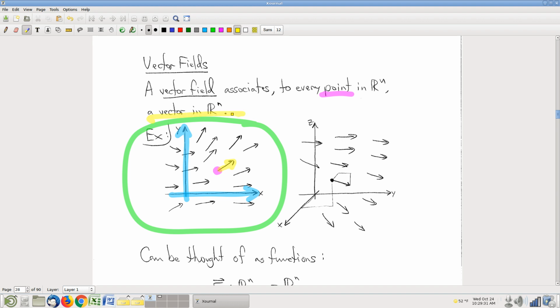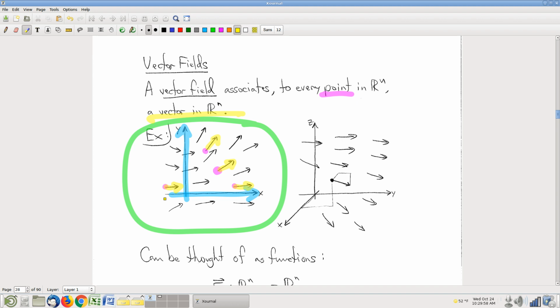Okay, so for every point, here's several different points, there is a corresponding vector that I represent by drawing arrows. Now notice for different points, they're different vectors. Right? So that's the idea. For every point there is an associated vector, and they don't necessarily have to have anything to do with each other.